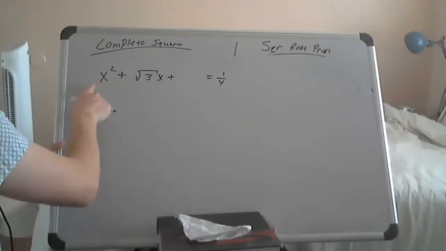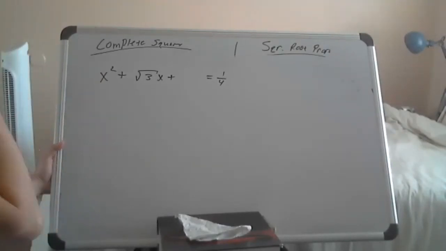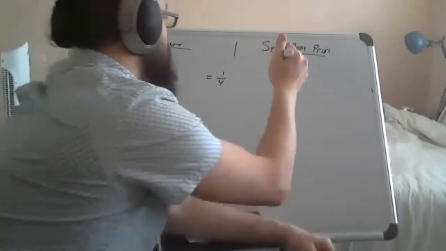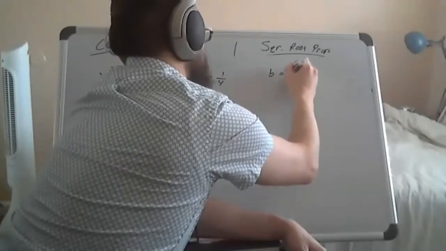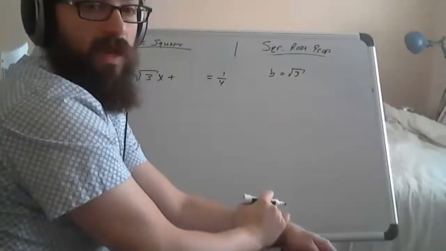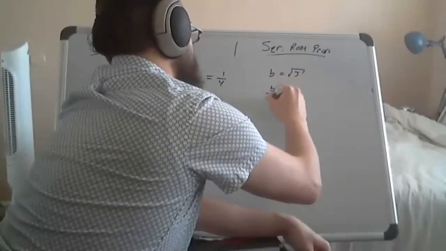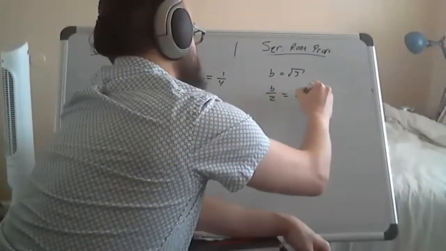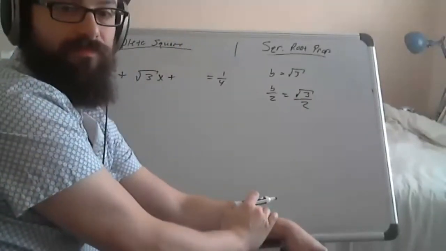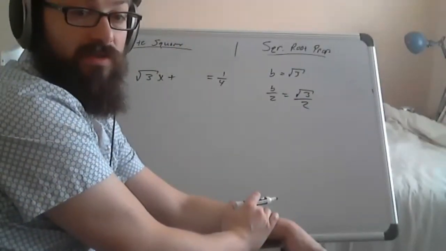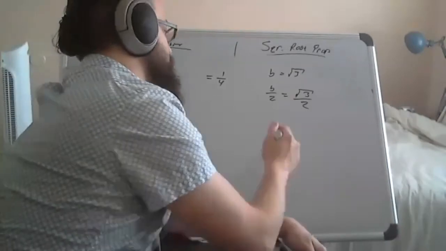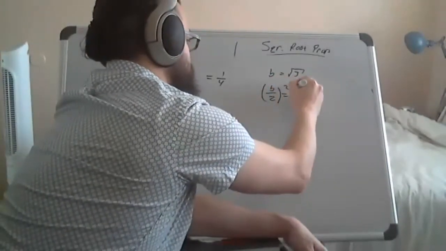Okay, so our a is already 1. We shall proceed. Our b is the square root of 3. Kind of awkward, but doable. If we look at b over 2, of course, that's the square root of 3 divided by 2. For any trig fans, this is probably looking familiar. Now we're going to square both sides.